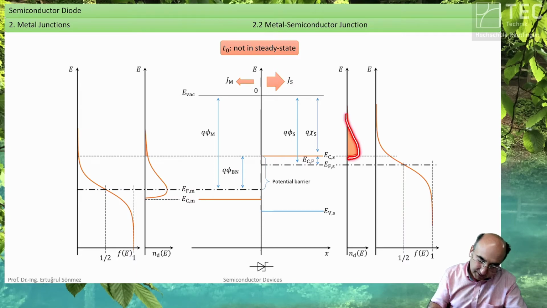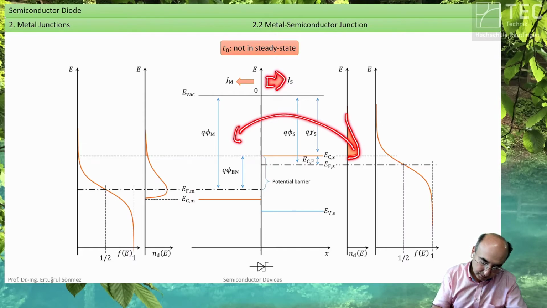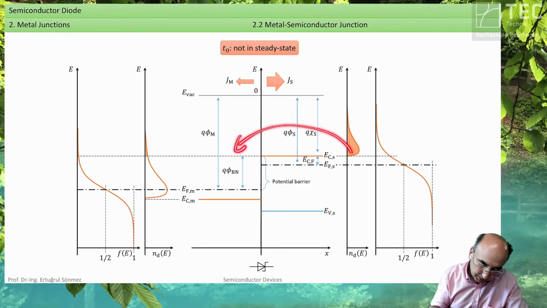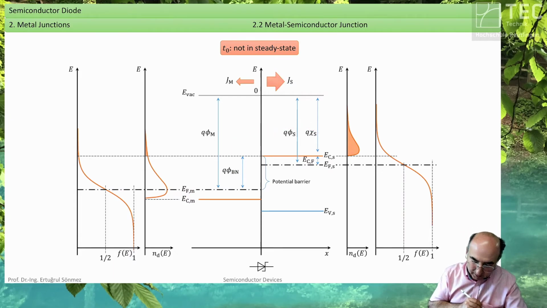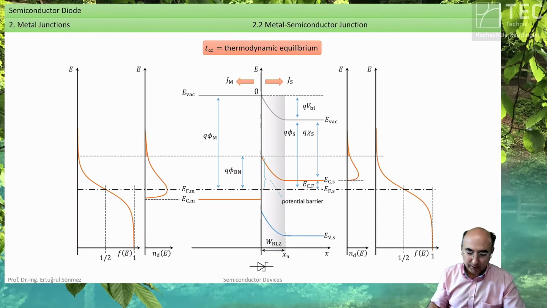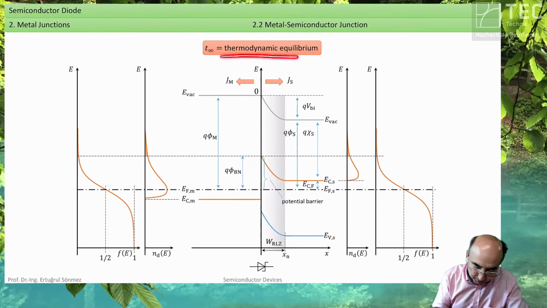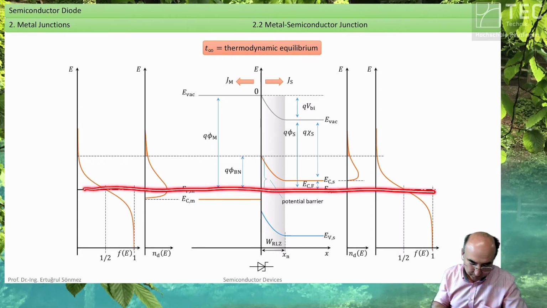So now we have these electrons, and these electrons go to here. And these arrows are the technical current direction. So electrons go here, the technical current density is there, and vice versa. Okay. And if we are in the steady state, in thermodynamic equilibrium, then the Fermi levels are aligned.